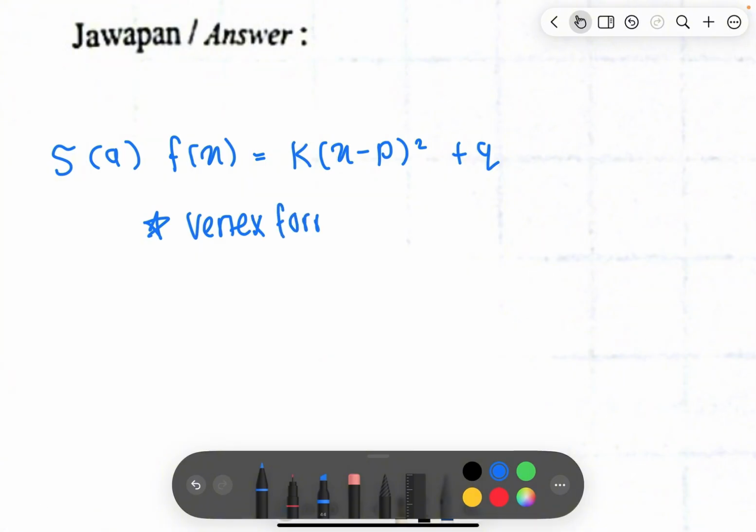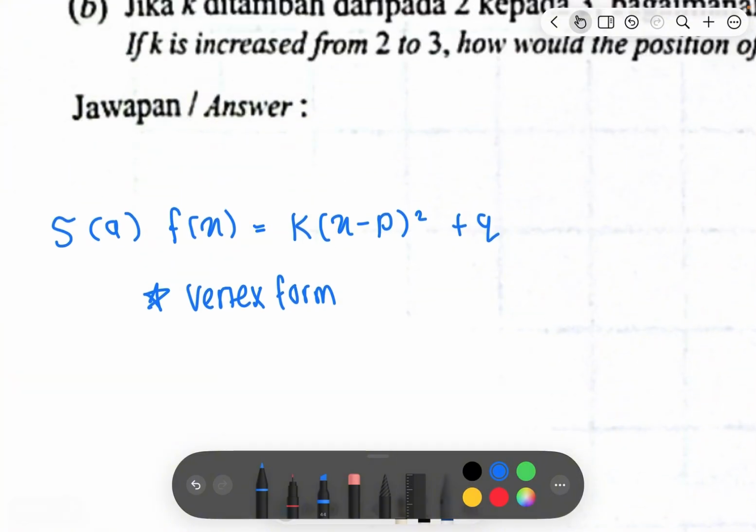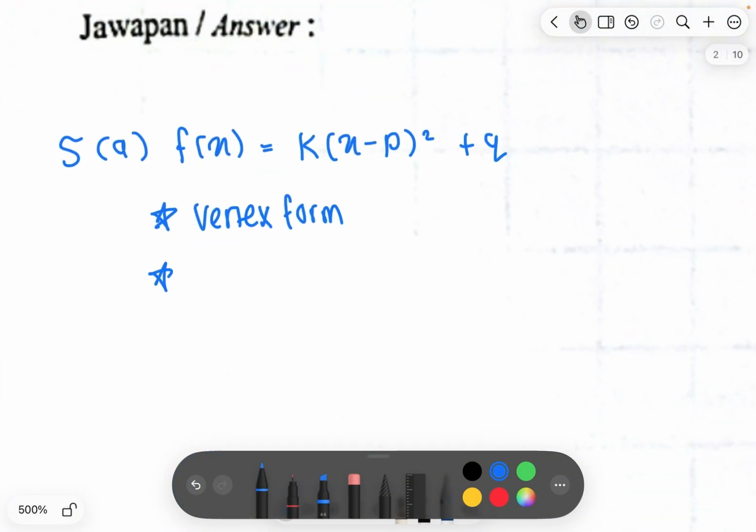So if I'm not mistaken, we learned there are how many forms? Wait, let me open my book. There are 2 important things that you have to know. There's vertex form and intercept form.